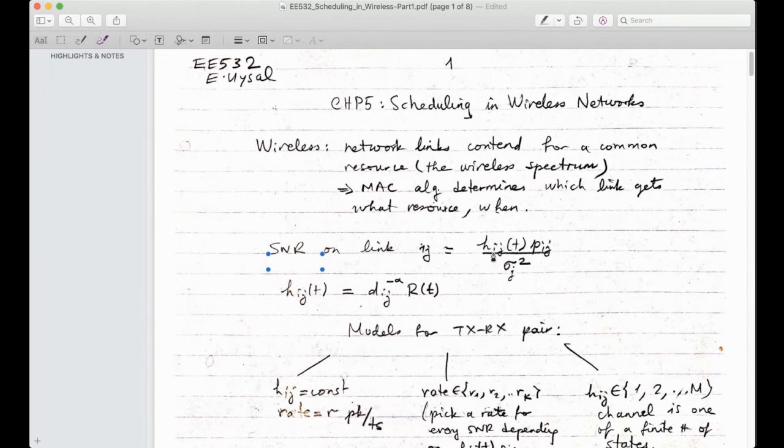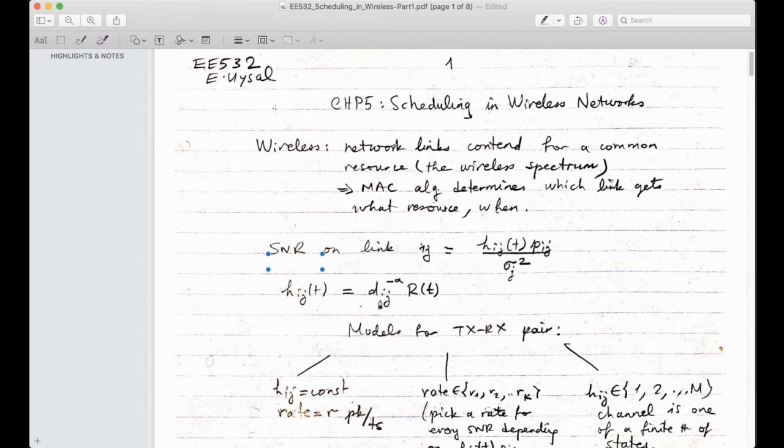There are many different effects due to interference and from other sources, and shadowing, attenuation, etc. But a simple model for it is, first of all, a power loss with distance multiplied by a time-varying fading component R of t.